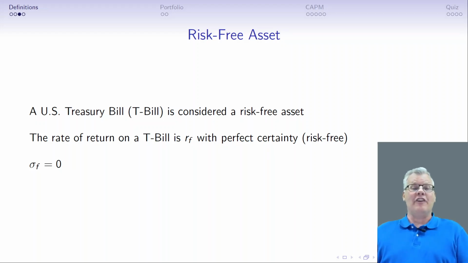And if it's perfectly certain, that means that the rate of return on a Treasury bill has no statistical distribution. It's R sub f with certainty. If that is so, that means that the standard deviation of the return on a Treasury bill is 0, right? So sigma sub f is 0, noting that you will get this rate of return guaranteed.